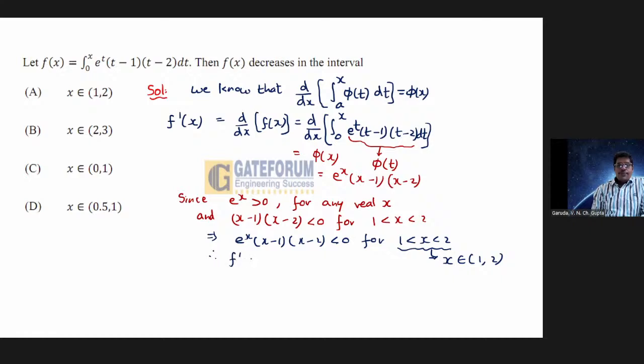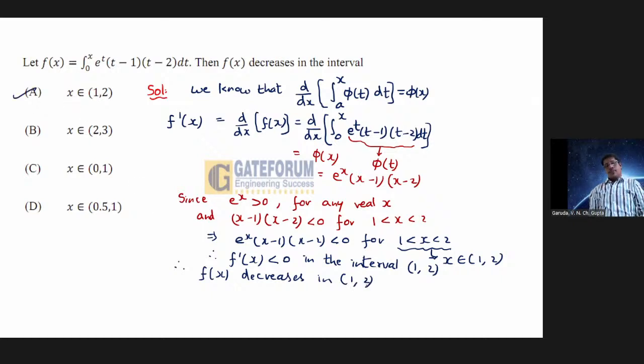Therefore, f dash x less than 0 in the open interval 1 comma 2. When first derivative is less than 0, such a function decreases. Therefore, f of x decreases in the open interval 1 comma 2. So accordingly, answer is option A. Okay.